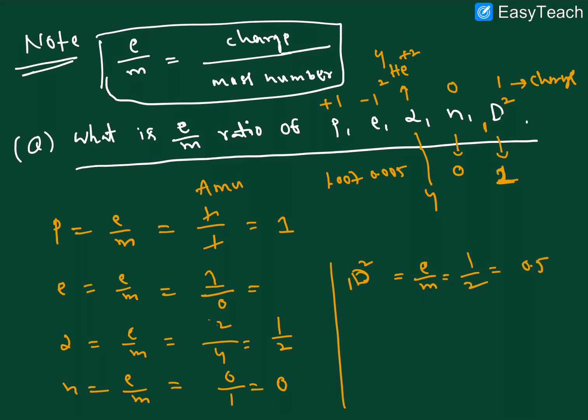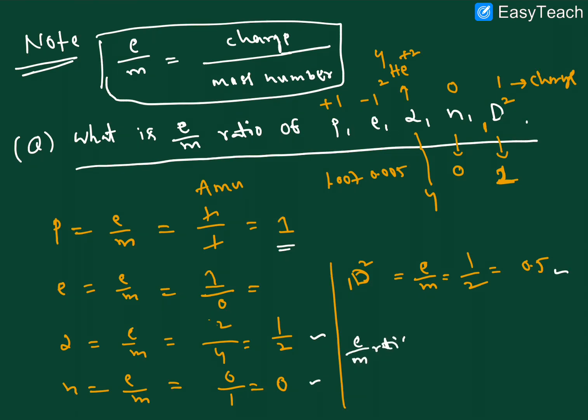So what we get here is 0.5. Just observe the E by M ratio: here 1, here we can't divide, here 1/2, here 0, and here 0.5.